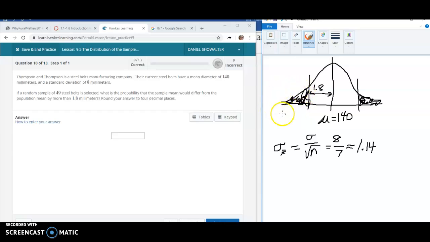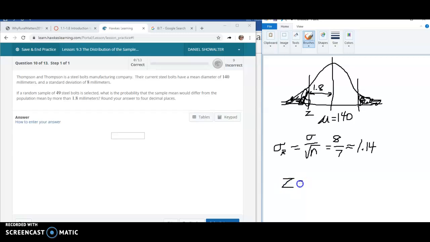So since the tables work out much nicer on the left side of things, these standard normal tables, let's focus on this one right here. How could we figure out what portion is right here? Well, we know that if we get a z-score, the table will give us the portion to the left of that z-score. The question is, what is that z-score there?